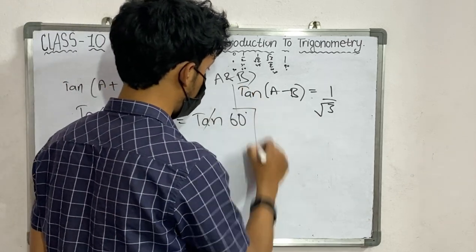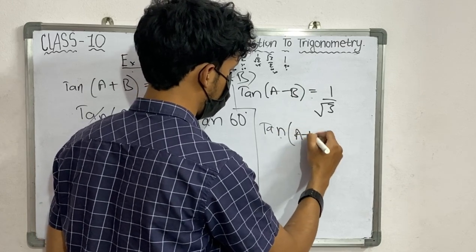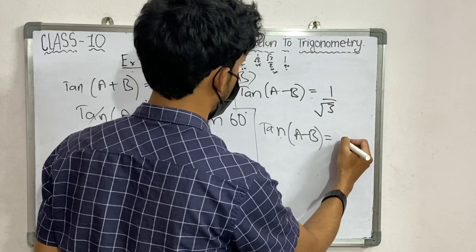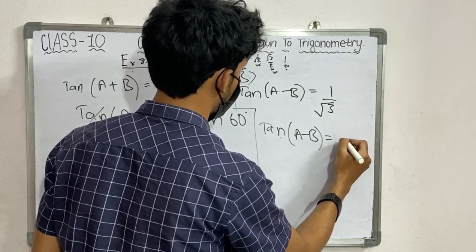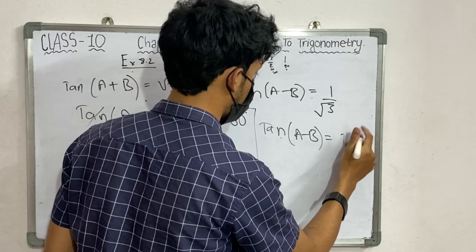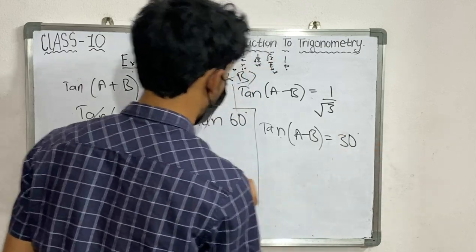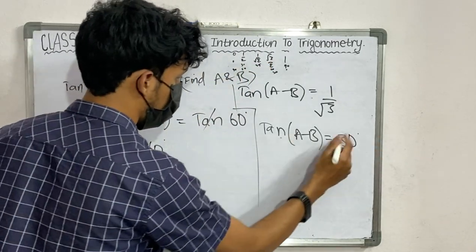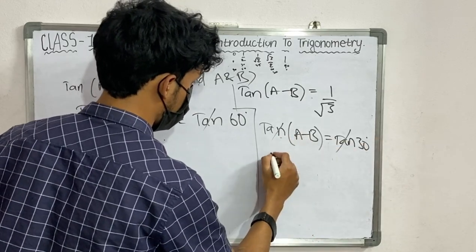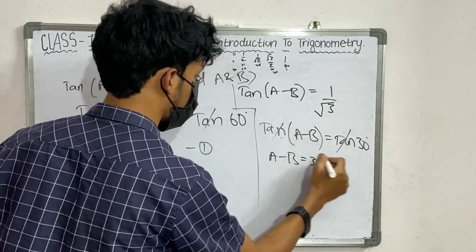And here tan(A minus B) is 1 by root 3. Tan 30 is 1 by root 3. So tan and tan get cancelled, and A minus B is equal to 30. So this is the first equation, this is the second equation.